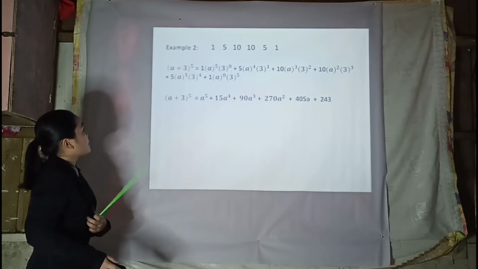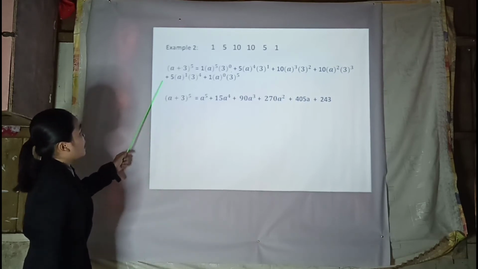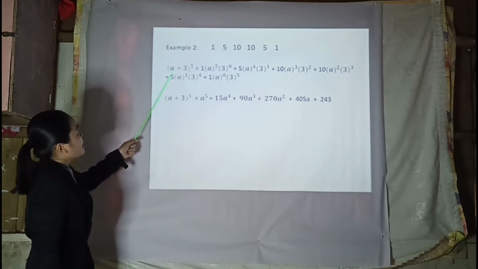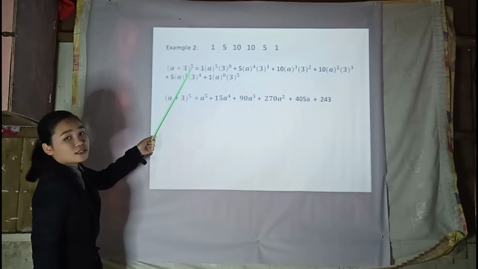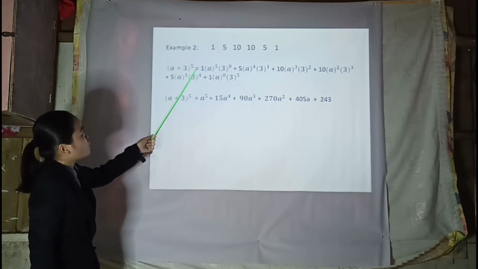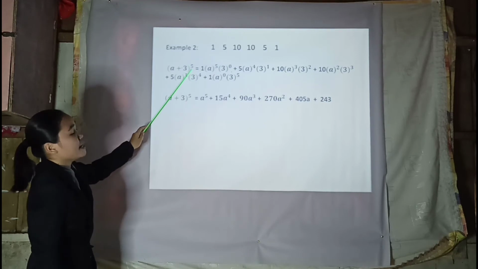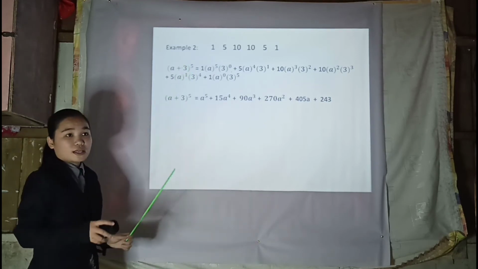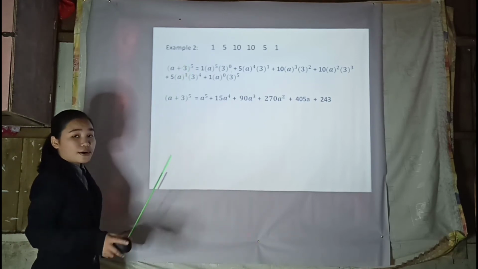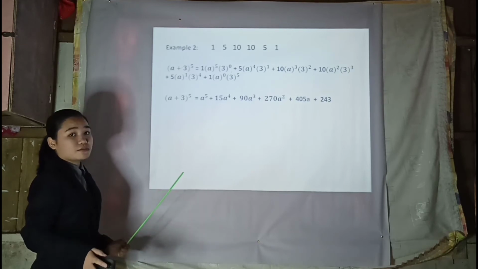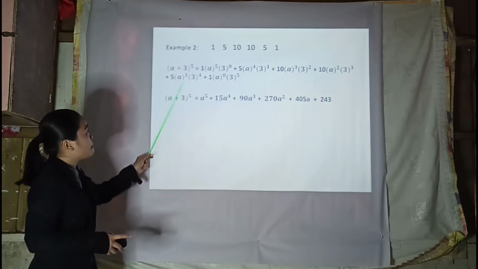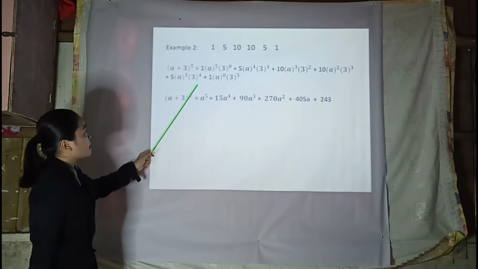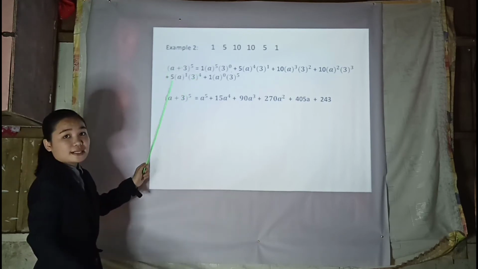Okay. The next example given here is a plus 3 raised to 5. Since our n here is 5, it is understood that our number of terms will become 6 because 5 plus 1 is 6. So we will use Pascal's triangle.